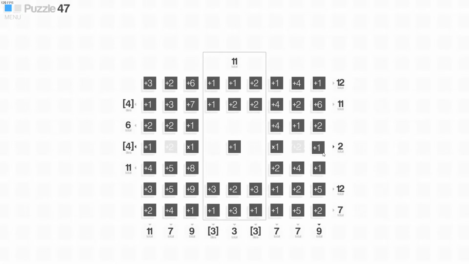But there's also 3 +1 tiles here, and to make that 2, only 2 of those can be highlighted, which means these 2 times 1s have to be highlighted. But that doesn't really help us right now with any of the other columns.